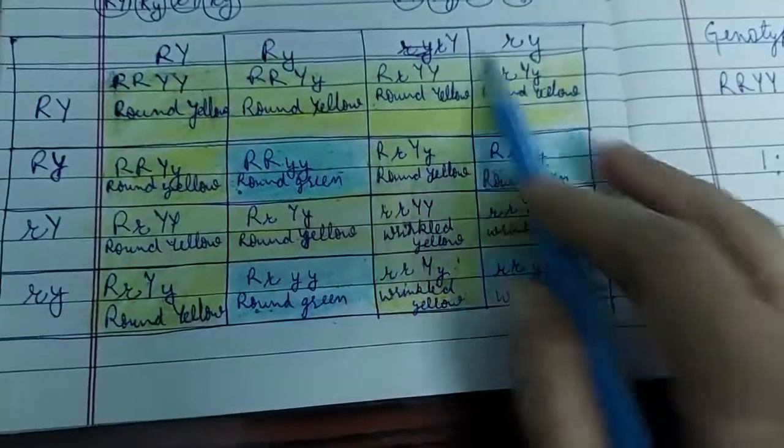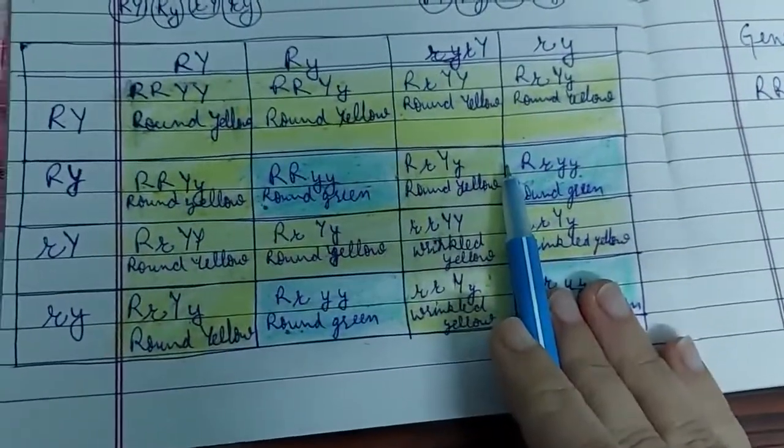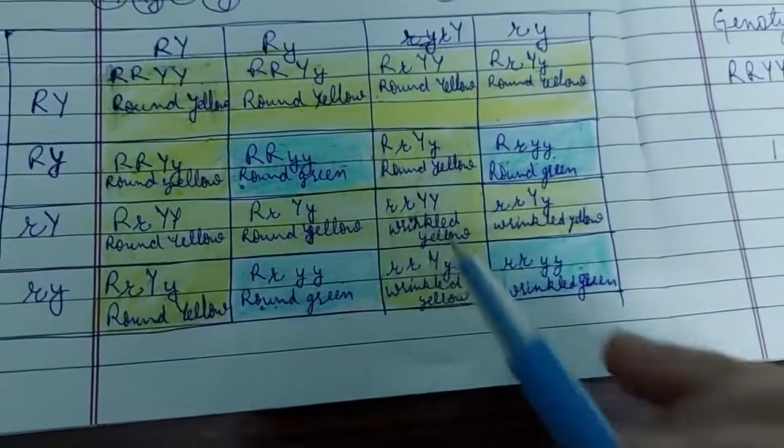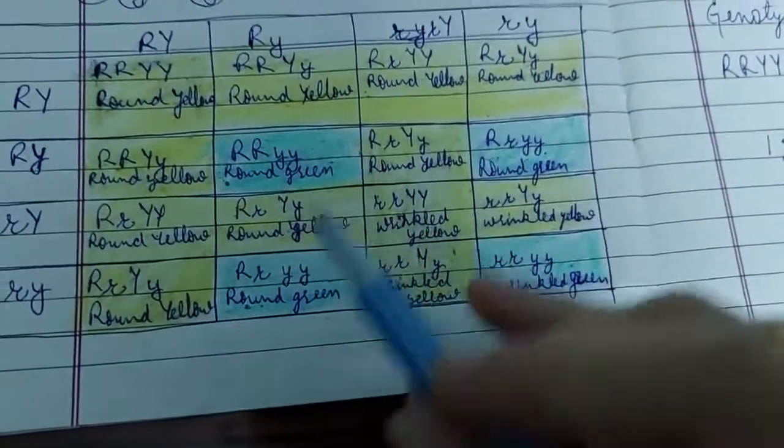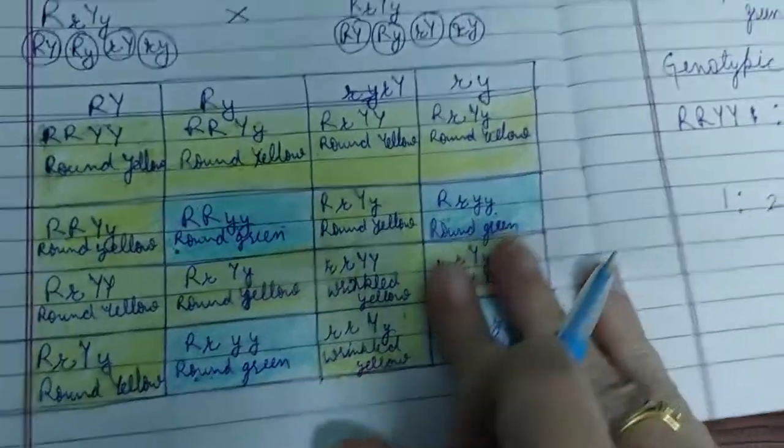So here is the whole cross. You can see it and learn easily how they got crossed, and the result is here.